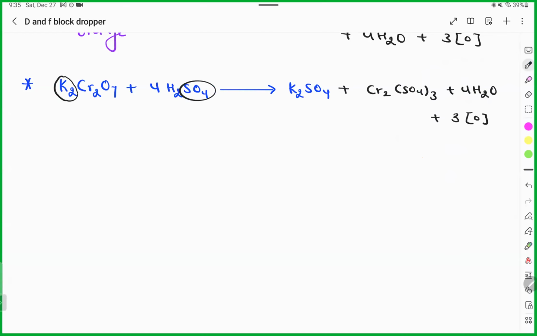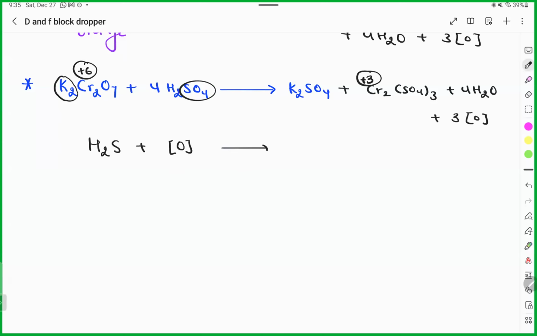So what is happening in this reaction? Here plus 6 oxidation state is converting into plus 3 oxidation state. That's what we said. Chromium converts from plus 6 to plus 3. Now when the same reacts with, let's take H2S, in the presence of the nascent oxygen, what will happen?